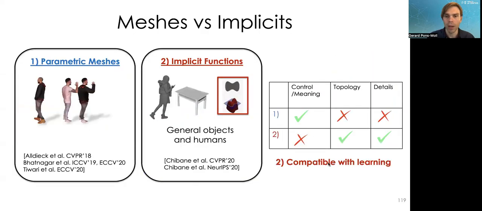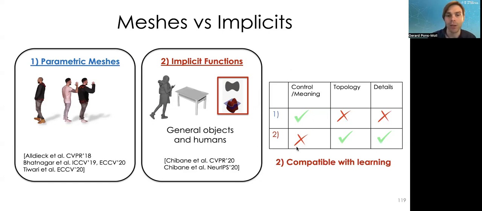All right, so overall, just to remind you, this is more or less my take on this. I mentioned before that implicit surfaces are more compatible with learning, but they do not allow so much control.